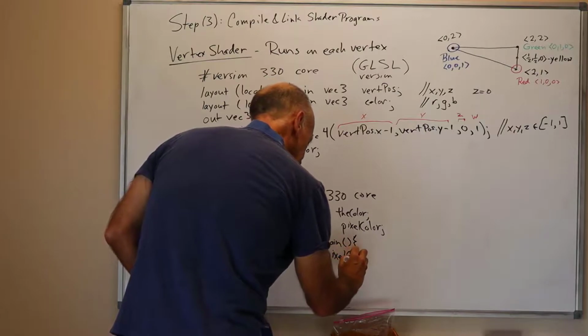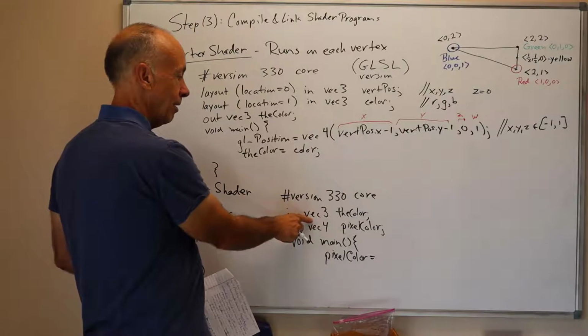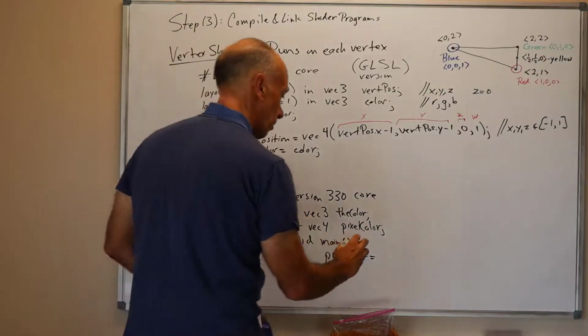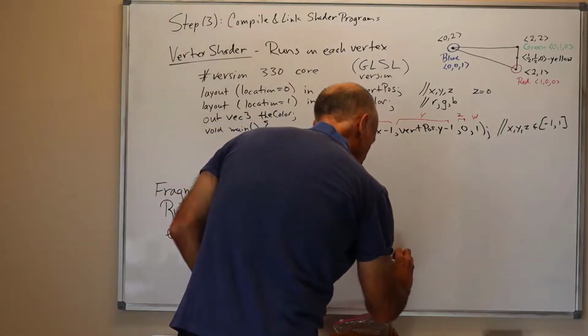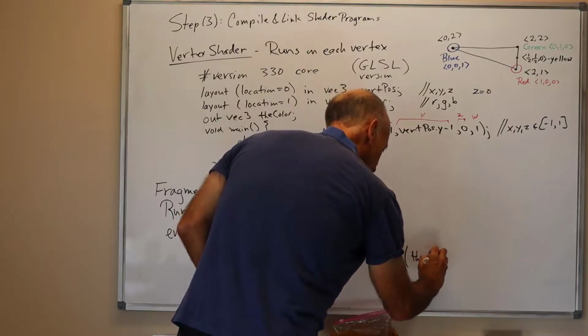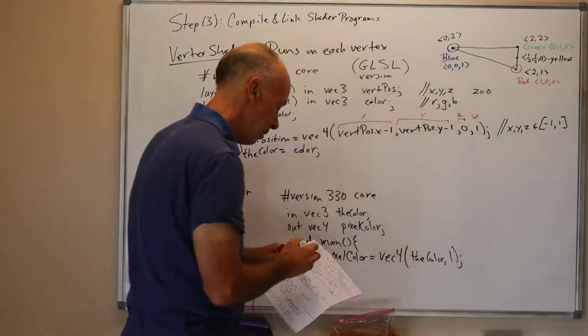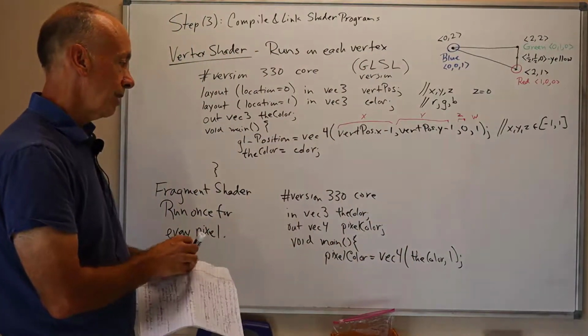And I'm just going to define this program to just pass through the input color as the output color. The input color was a vec3, not a vec4, so we'll change it to be a vec4 by saying vec4 the color, comma 1.